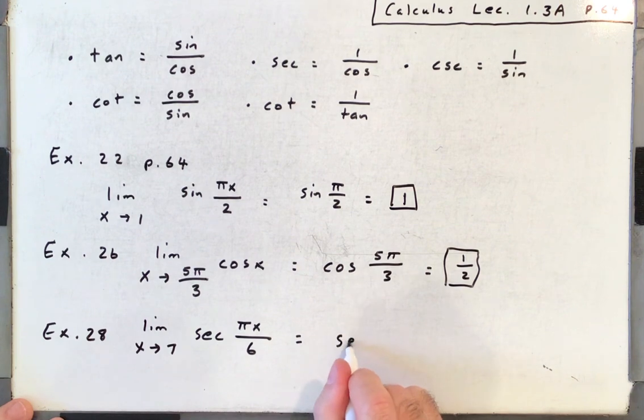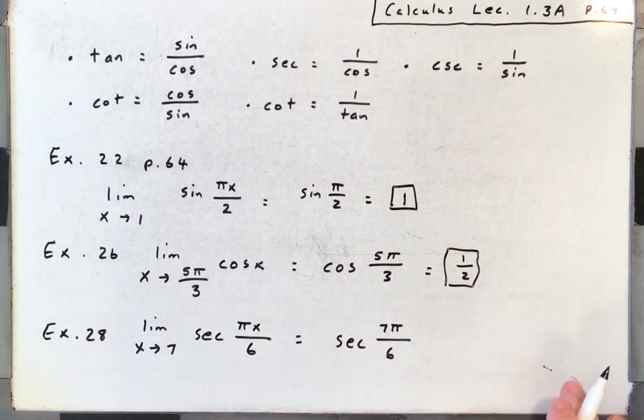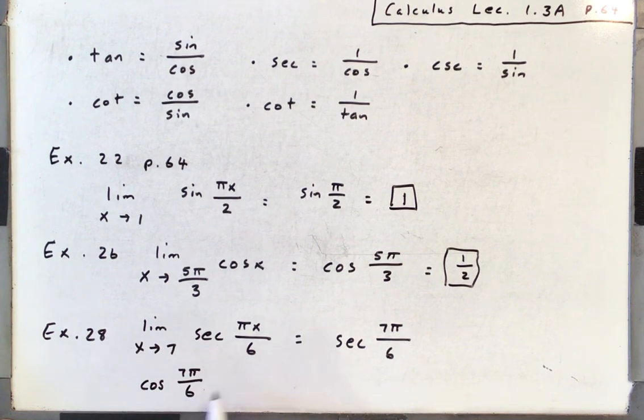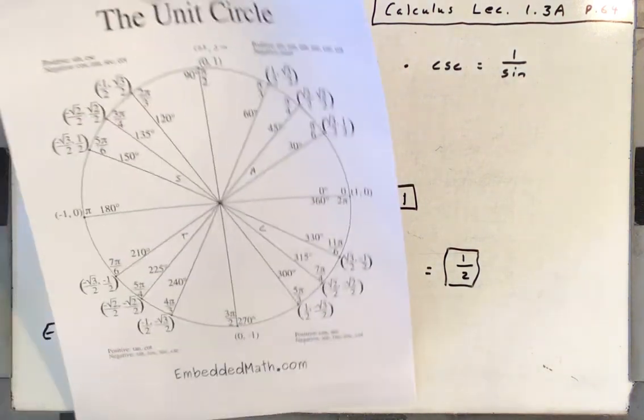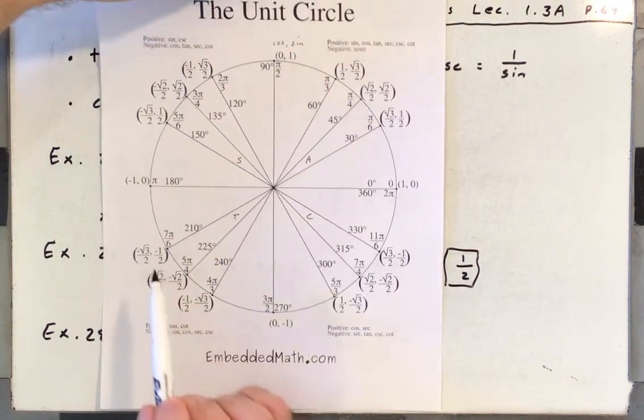So that would be the secant of 7 pi over 6. Now your unit circle doesn't tell you secant, but it does tell you cosine. So let's find the cosine of 7 pi over 6, and then we can just flip it. So the cosine of 7 pi over 6 is negative root 3 over 2.